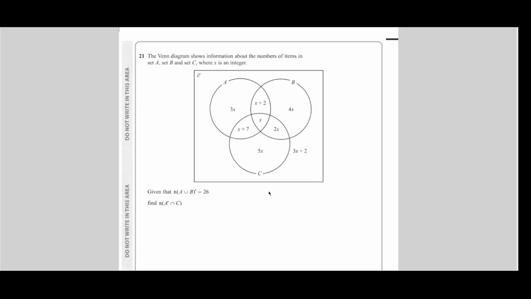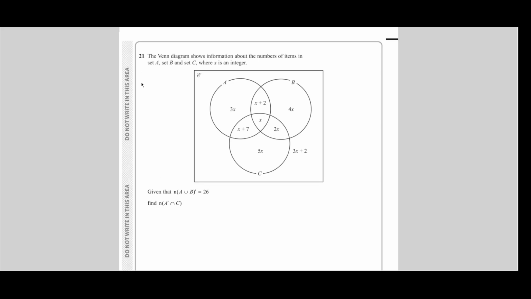Question 21. Venn diagrams. The Venn diagram shows information about the numbers of items in set A, set B, and set C where x is an integer. Given that n of A union B complement equals 26, find n of A complement intersect C. What's the meaning of this simple letter n?